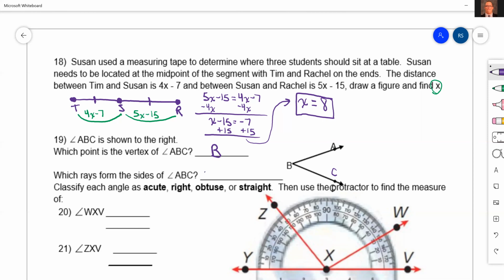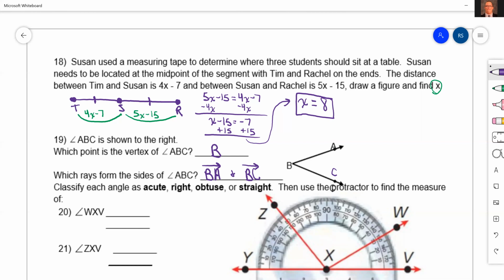So we start at B and go to A. And then what else? We start at B and go to C. So BA and BC are our sides.